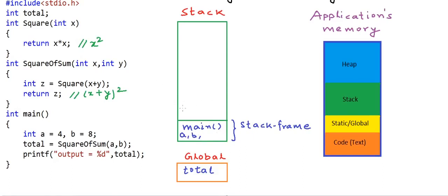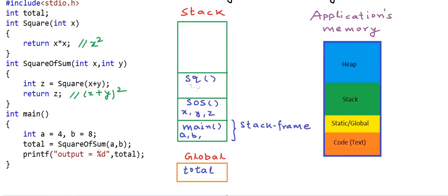Now when main calls square of sum method, let's write shortcut SOS for square of sum, then a stack frame is allocated for the call to square of sum. All these local variables x, y, z will sit in this particular stack frame. Now square of sum calls square. Let's again put a shortcut here for square.